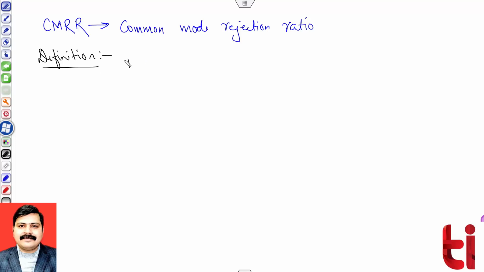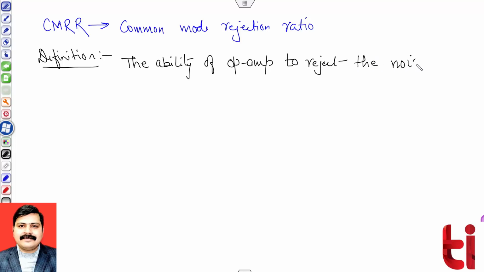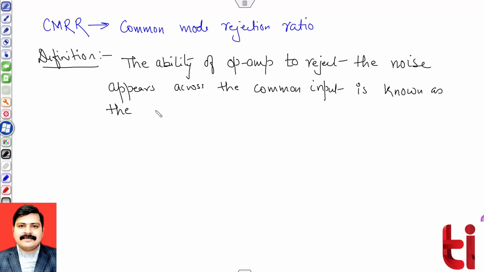So the ability of the op-amp to reject the noise which appears across the common input is known as the CMRR.